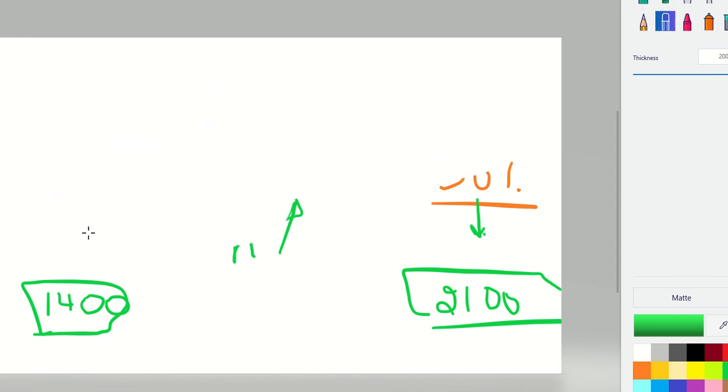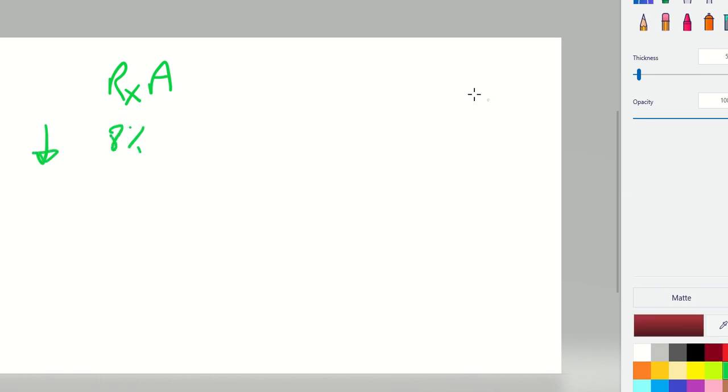The next one, this time, no, we're going to compare two medications. So I have drug A, and let's say drug A reduces the risk of hip fracture by 8%, whereas drug B reduces the risk of hip fracture by 5%. Okay?